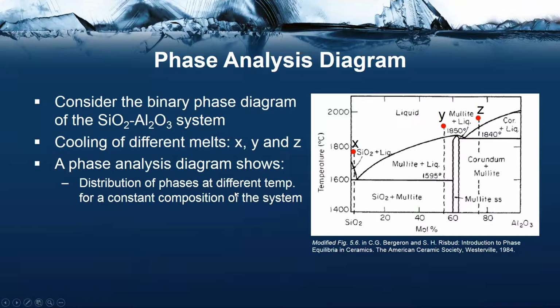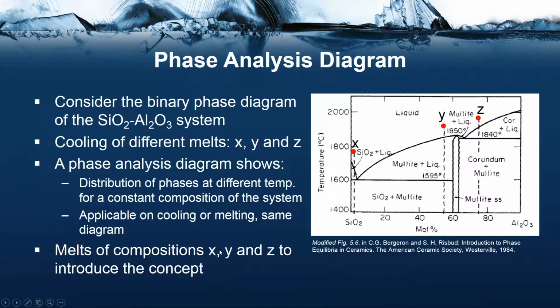And as it concerns equilibrium compositions for a constant composition of the system at a certain temperature, we can utilize these phase analysis diagrams both on the cooling or melting. That is, the same diagram is showing both phenomena. So we'll utilize these three melts of composition X, Y, and Z to introduce this concept.